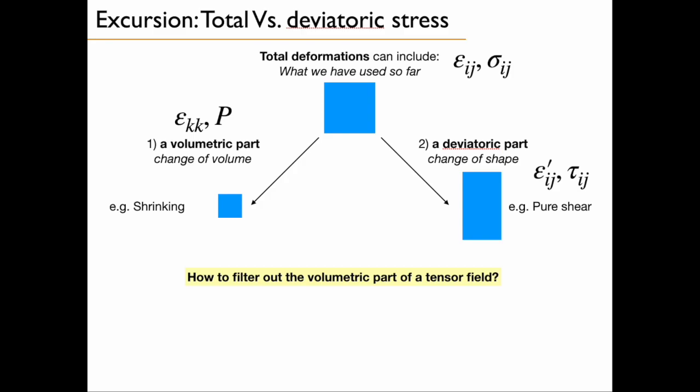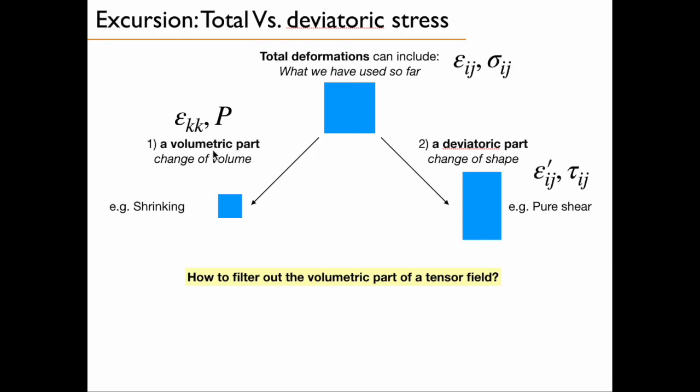In elasticity, we've always been relating stress sigma to strain epsilon. These are total stresses and total deformations. That's what we've used so far. But a deformation of a material can happen in different fashions.